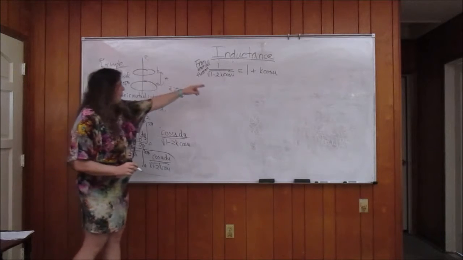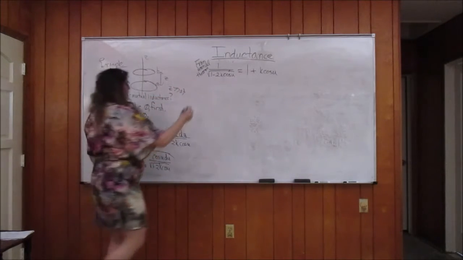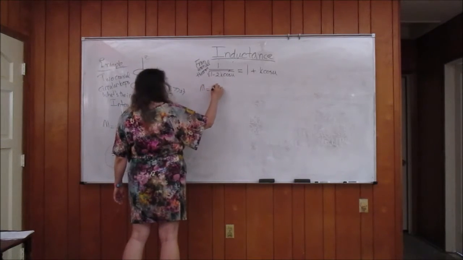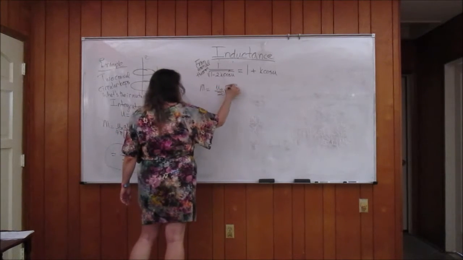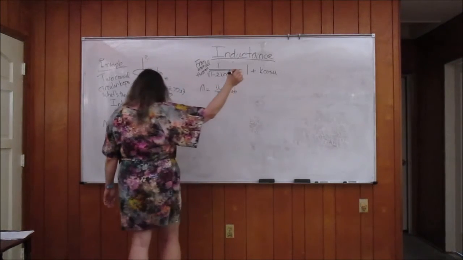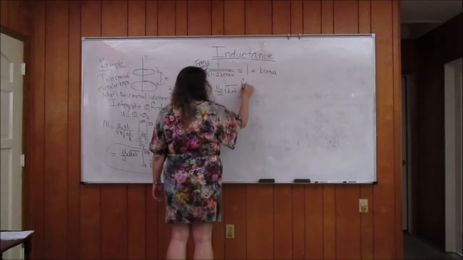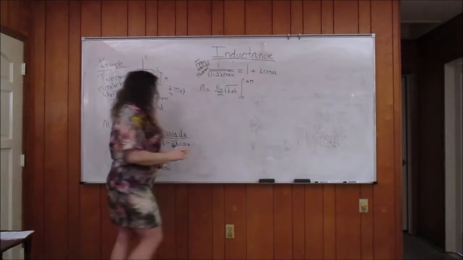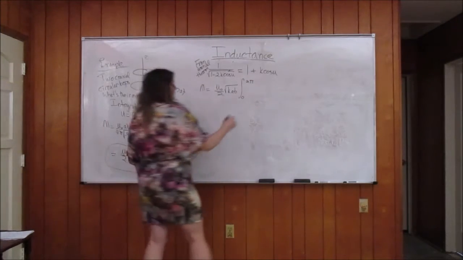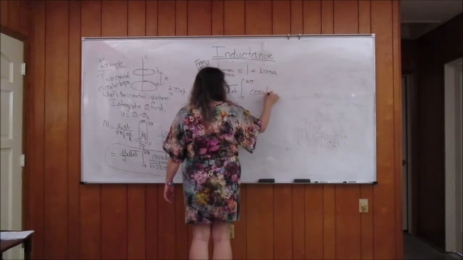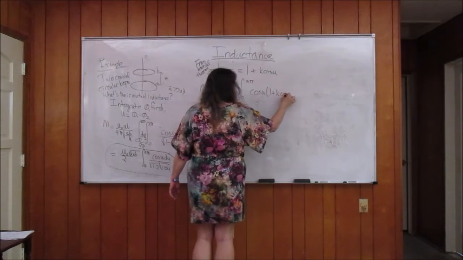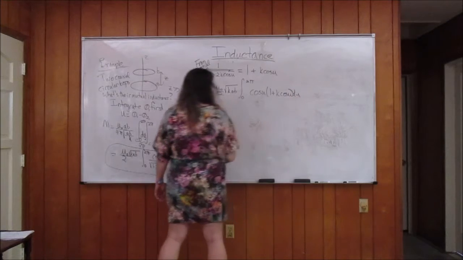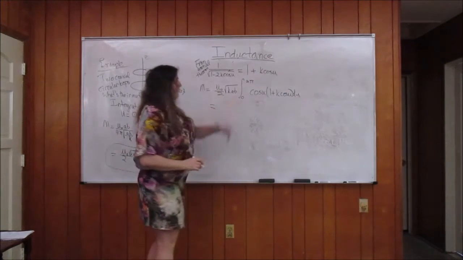Okay, so I can plug this back into here. So the mutual inductance is now mu naught over 2 times the square root of k ab, times the integral from 0 to 2 pi. We've got the cosine u in the numerator still, so it's cosine u times 1 plus k cosine u du. The first term is going to integrate to 0.